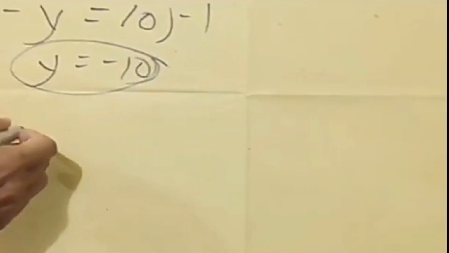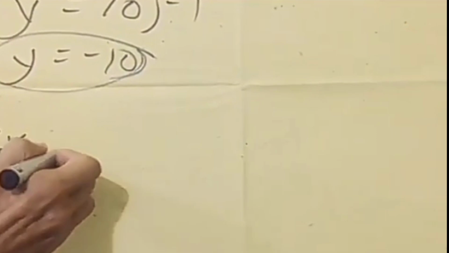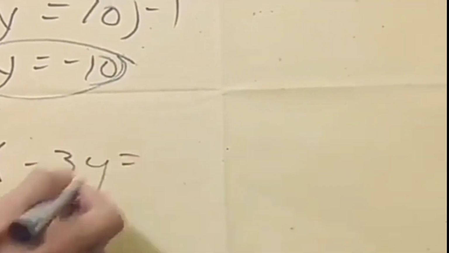Then we have to check if our answer is correct before we find our solution set. So using again equation 1, the new equation, we have 6x minus 3y equals 18. Any equation can be used to check our answer.